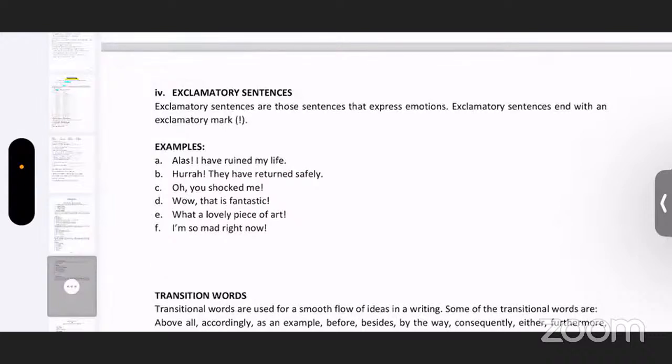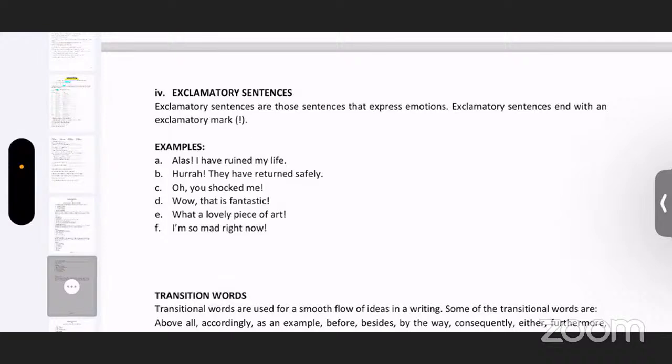Exclamatory sentences are equal to those words used in the last part of your parts of speech, the interjection. Interjection means there are different kinds of expressions which can express your emotions and your feelings, you know, alas, bravo, hurrah. There are lots of words like such.